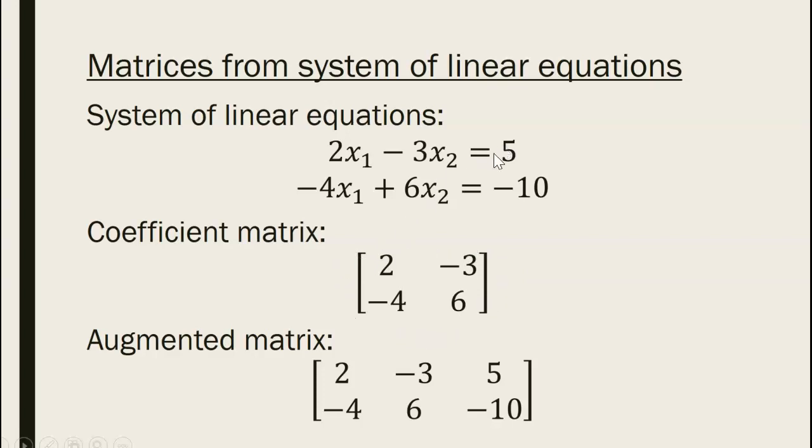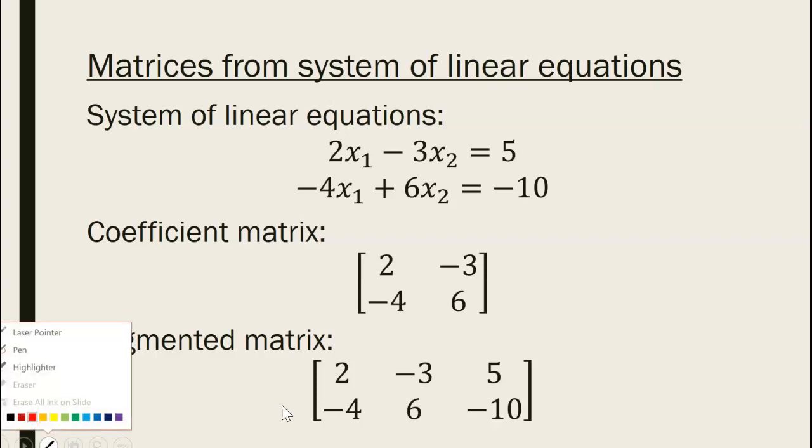If we want to add the constant parts, then we create what's called the augmented matrix. The augmented matrix is exactly like the coefficient matrix, but we also add in the constant parts. So in this case, the 5 and the -10. Sometimes you'll see this augmented matrix with a little bit of a line.